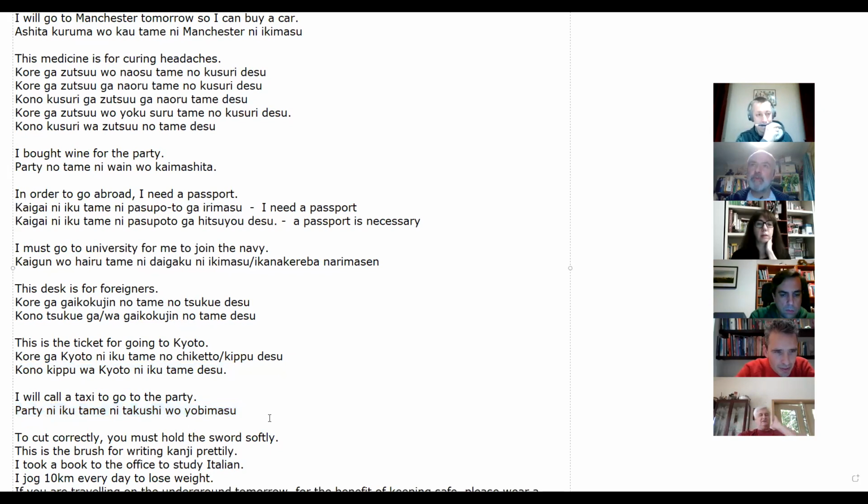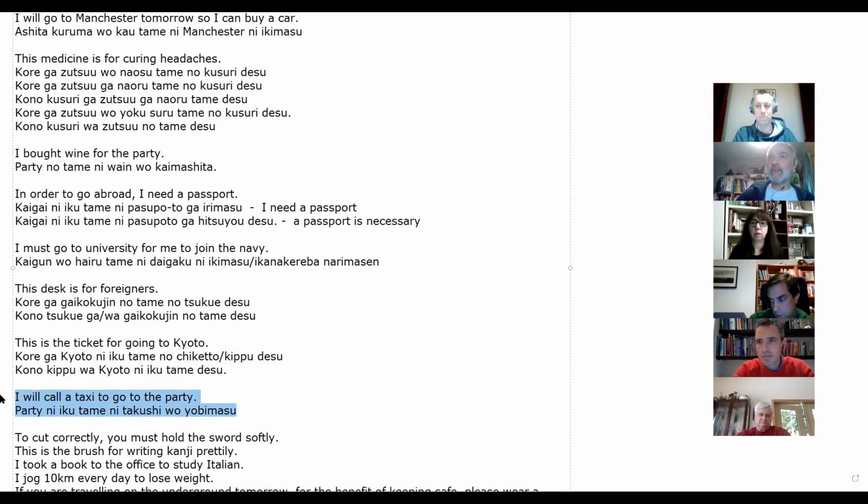Okay, so just before we do the last examples, guys, the thing that I really want to ask if you're clear on is the directness between the beneficiary and the necessity in this. It's not a vague connection. For example, I will call a taxi to go to the party. This is really clearly saying we are going to go to a party in a few minutes, and I'm going to call a taxi so we can go.